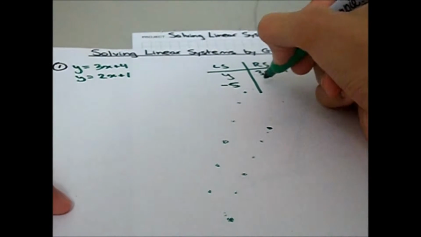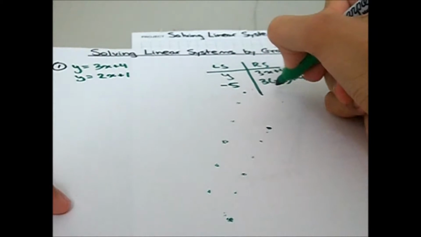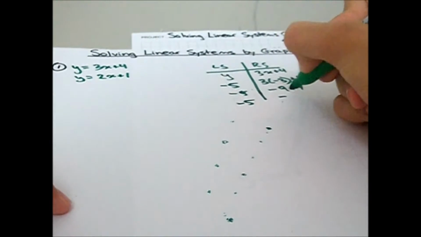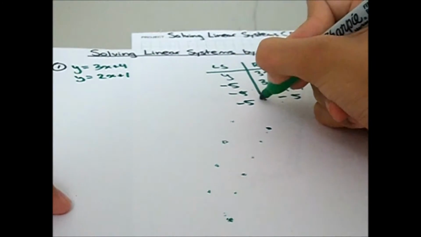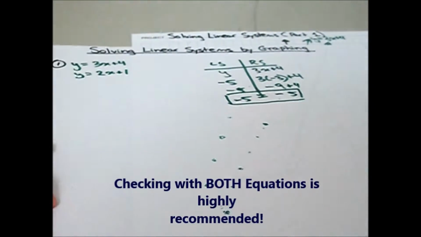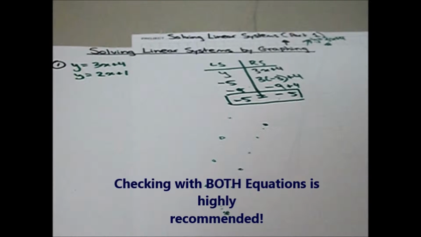This will be -5, which is the y-coordinate of the point of intersection, and I'm going to plug -3 into here. So -9 plus 4, and that gets us -5 as well. So it is true that the point of intersection is -3 and -5.